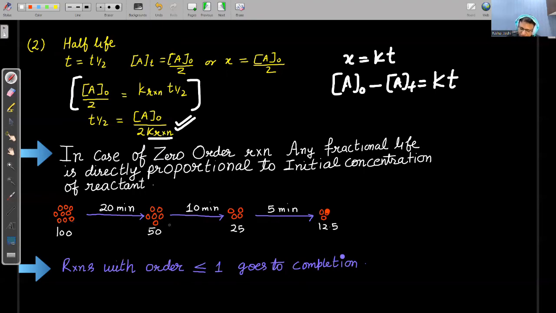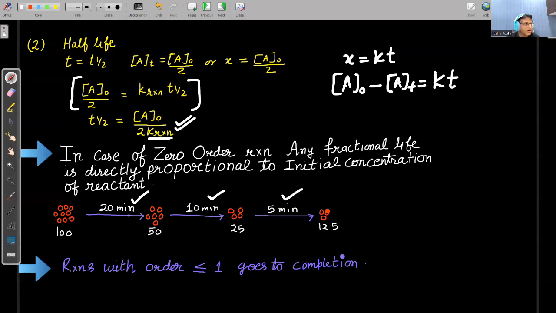100 से 50 होने में 20 मिनट्स लगे, मतलब 50 मॉलिक्यूल्स को कंज्यूम. इट इज हैपनिंग विद अ कांस्टेंट रेट, मींस विद अ फिक्स अमाउंट ऑफ टाइम, फिक्स नंबर ऑफ मोल्स मॉलिक्यूल्स आर गोइंग टू कंज्यूम. तो अगर मैं ये कहता हूं कि 50 मॉलिक्यूल्स को कंज्यूम होने में 20 मिनट लगे, तो यहाँ तो 25 मॉलिक्यूल ही कंज्यूम हुए हैं, या है ना, रिएक्ट किए हैं, तो उसमें कितने मिनट लगेंगे, 10 मिनट. तभी तो मैं कह पाऊंगा कि रेट इज कांस्टेंट, रेट ऑफ रिएक्शन इज कांस्टेंट. हियर अगेन 25 से उसका आधा होने में फिर क्या होगा, टाइम जैसे जैसे इनिशियल कंसंट्रेशन कम होता जाएगा वैसे वैसे हाफ लाइफ की वैल्यू चेंज होती जाएगी. सो दिस इज वेरी इंपॉर्टेंट.